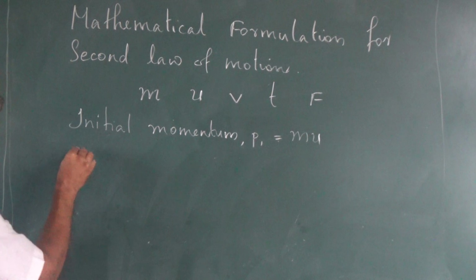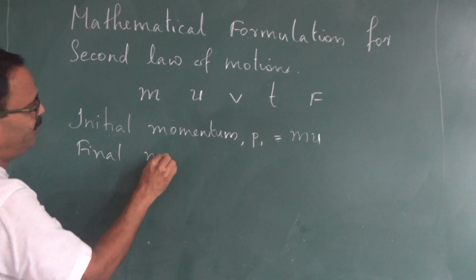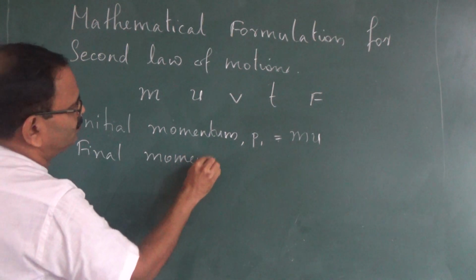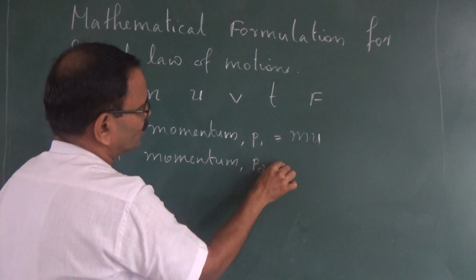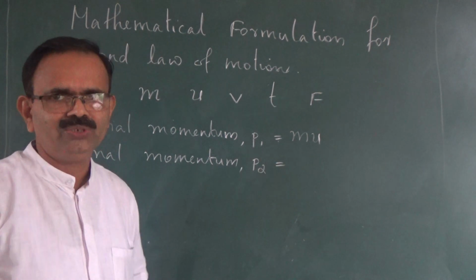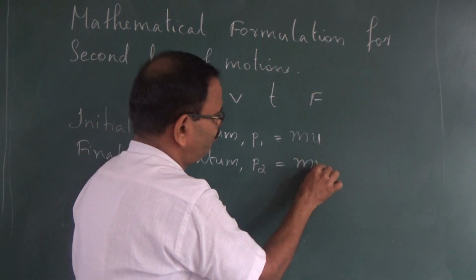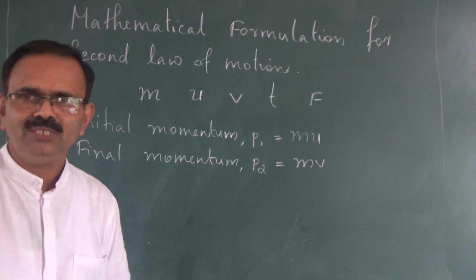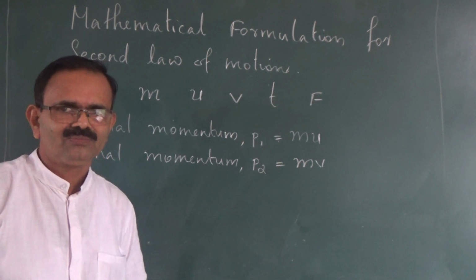Now what is final momentum? Let us take it P2. Final momentum is mass into final velocity, that is mv. M is the mass, v is the final velocity.